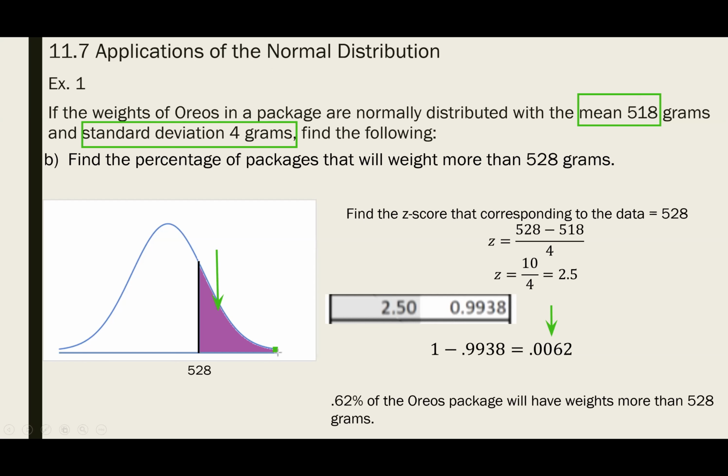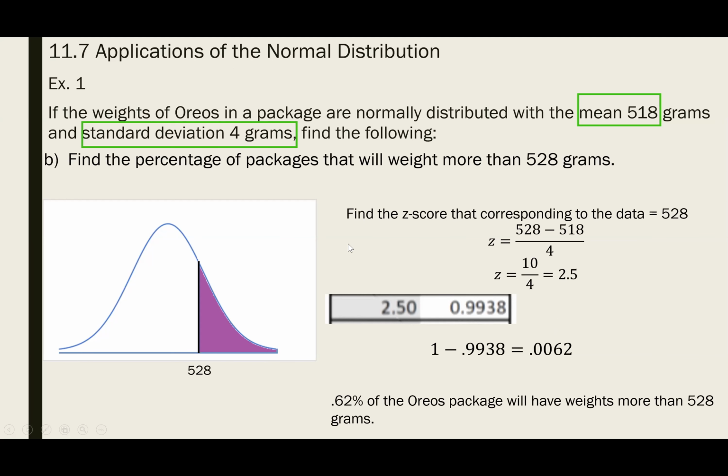But I don't want to shade it small like this and have you wonder what area we're looking for. That's what the sketching is. We just need to have an idea that we're looking for the area to the right. It doesn't have to be precise. It just gives you the idea that we're looking for the area to the right, and for the area to the right, we need to take 1 minus the answer in your table.